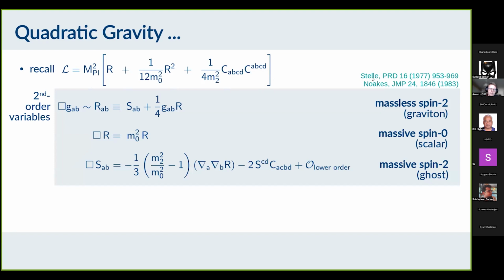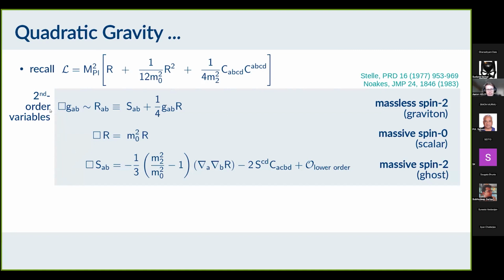And now I can reduce that fourth order equation to second order. And in that step, it's very useful to understand the degrees of freedom, which Stella already did, and Noakes uses the linearized degrees of freedom to cast that fourth order system of equations to a larger second order system of equations, which then has the following degrees of freedom.